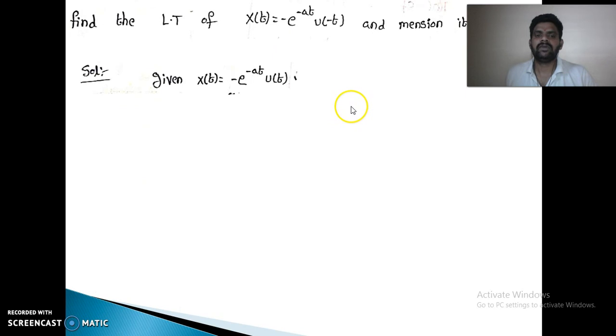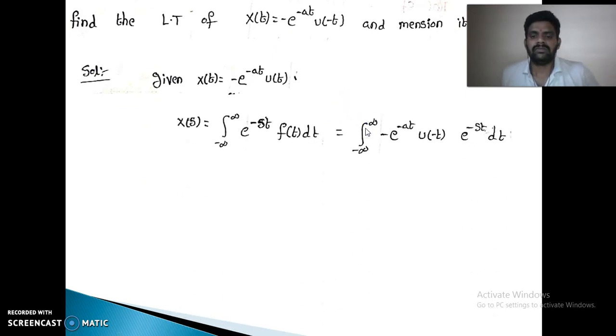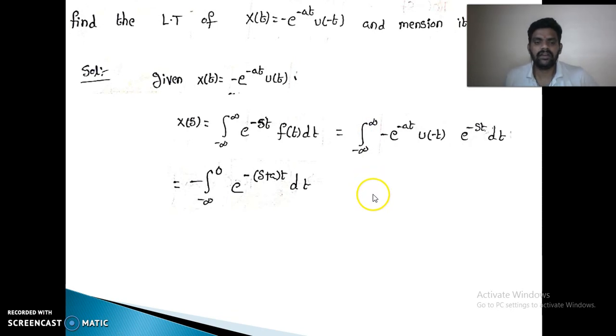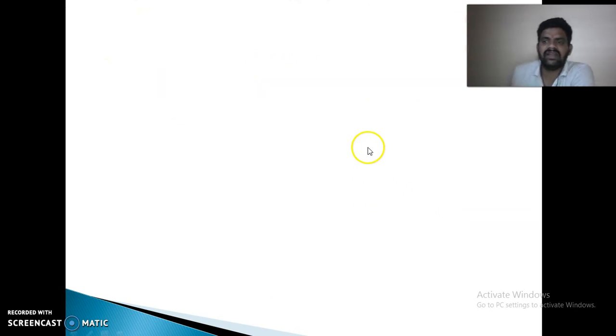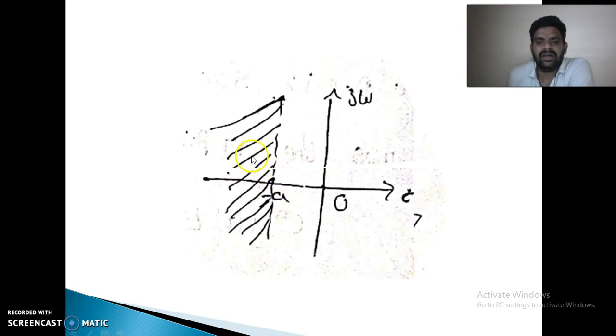So the integral becomes minus infinity to 0, and the result is minus 1 by s plus a. See, both the functions have the same Laplace transform: e power minus at u of t is 1 by s plus a, and minus e power minus at u of minus t is also 1 by s plus a. But the ROC here, s plus a must be less than 0. The real part of s must be less than minus a. Then the ROC is the left side of the pole.